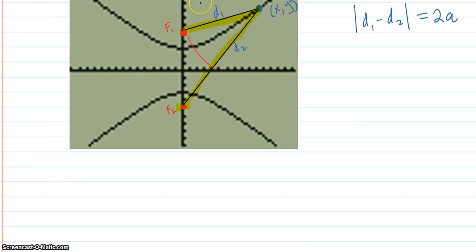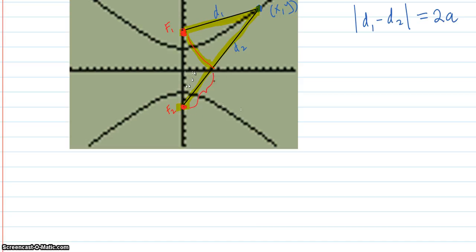Alright, so we swing this arc right there, and we show the subtraction of this distance minus the d1 distance, and that comes out to be illustrated as this distance right here.